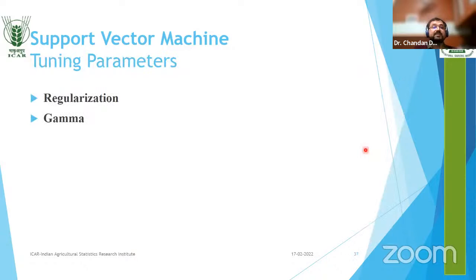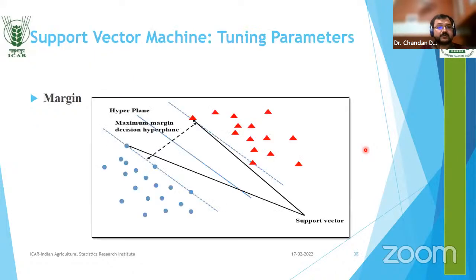Whenever we use support vector machine, we can tune the parameters. Tuning the parameters means, in every machine learning situation, depending on your data, we have to tweak some of the parameters available in the algorithm.